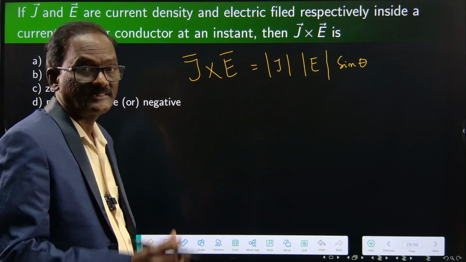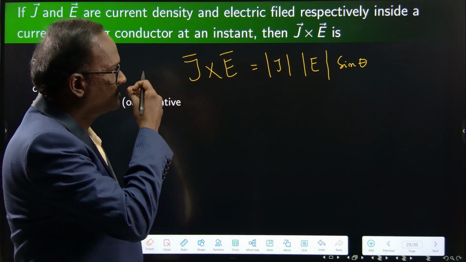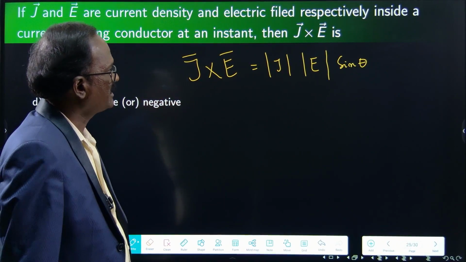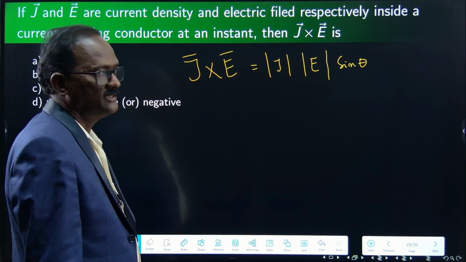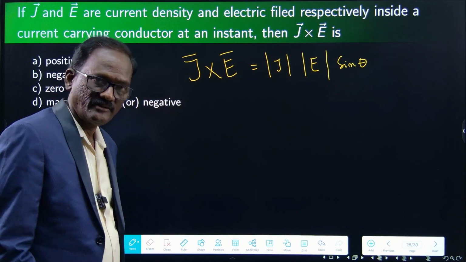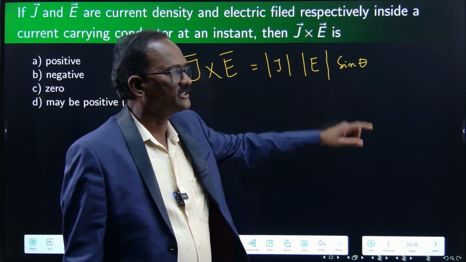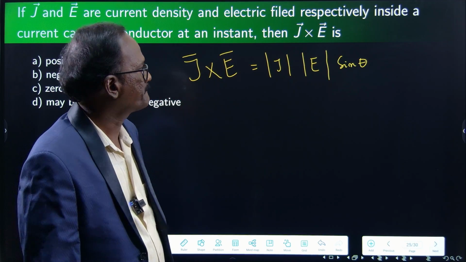The unit vector must also come, but I have not written it, because the answer will also be a vector. Unit vector we must write.